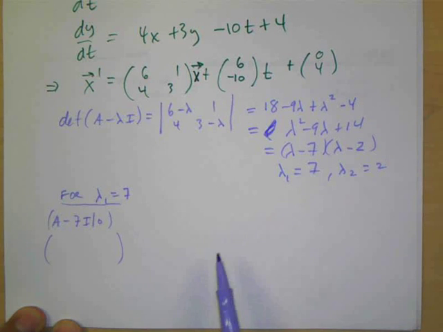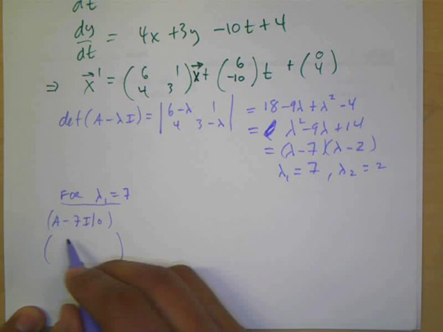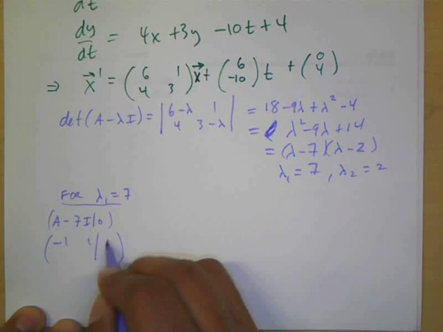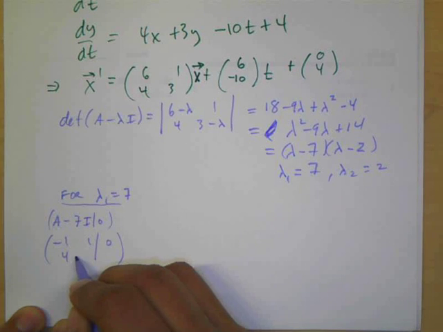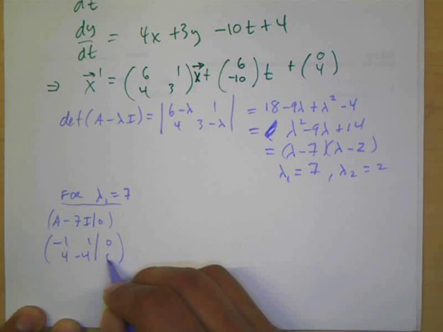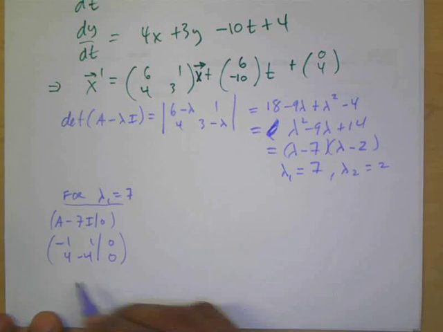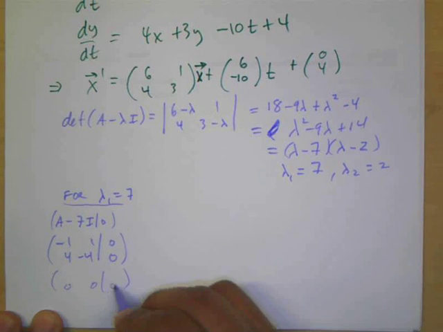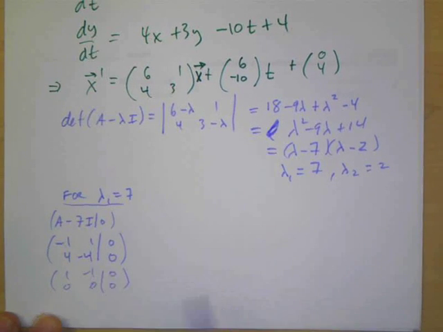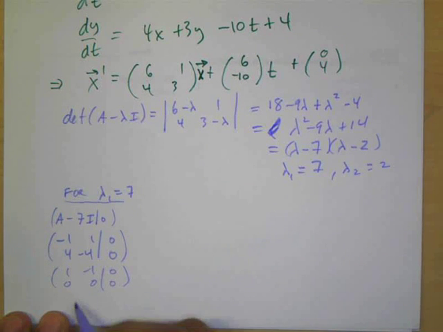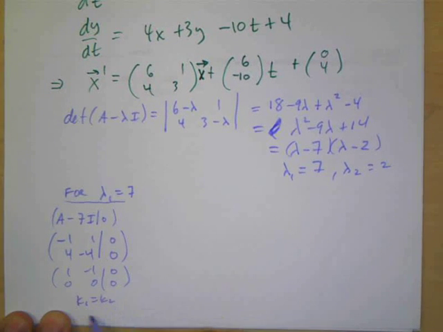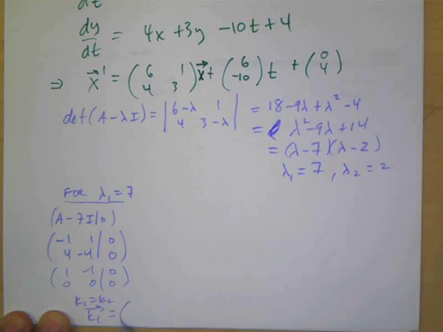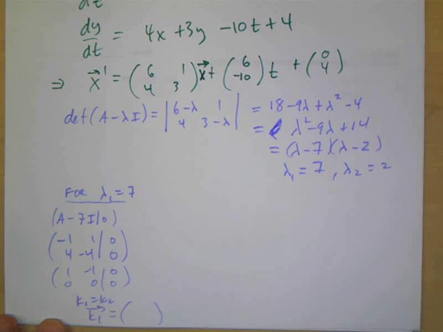If you plug in 7, subtract 7 along the diagonals. I'm getting the same eigenvector that we had in the first one for K1: 1, 1.